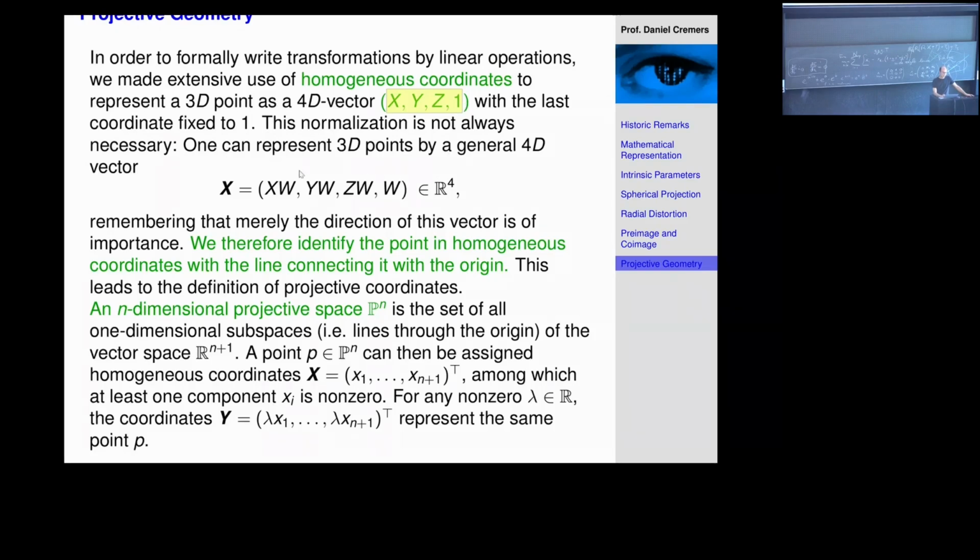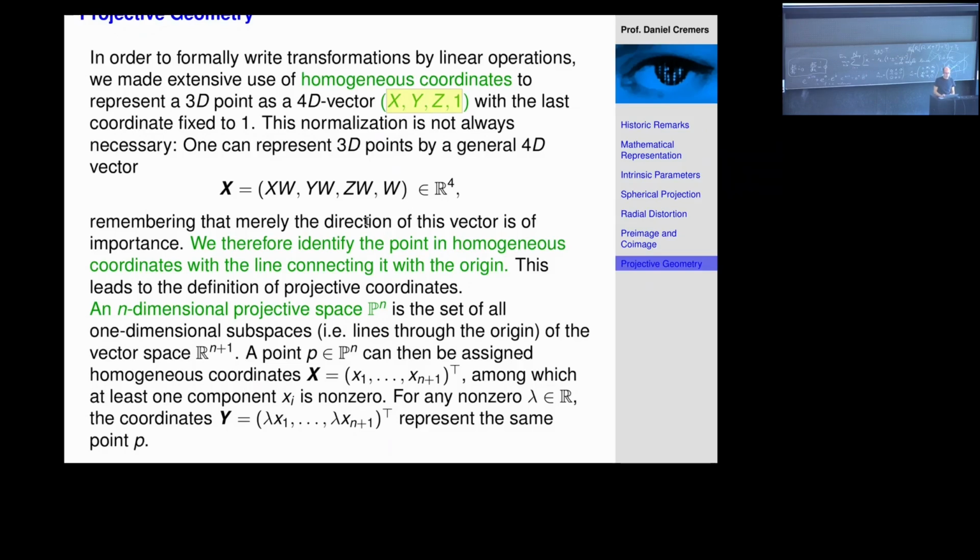So what you can do is represent a 3D point with coordinates x, y, z by a line through the origin in R4. This is what we have here. It's basically taking this homogeneous coordinate vector and multiplying it with a scalar w, as you see here. Then we have xw, yw, zw, and the last component is w.